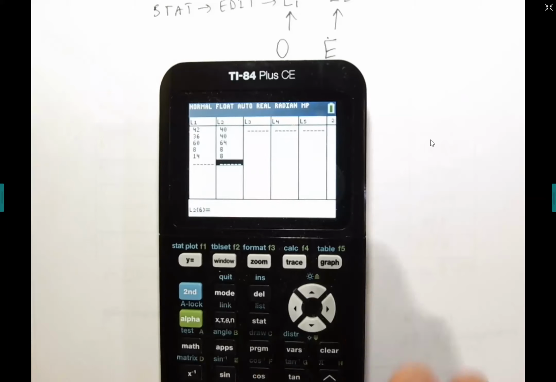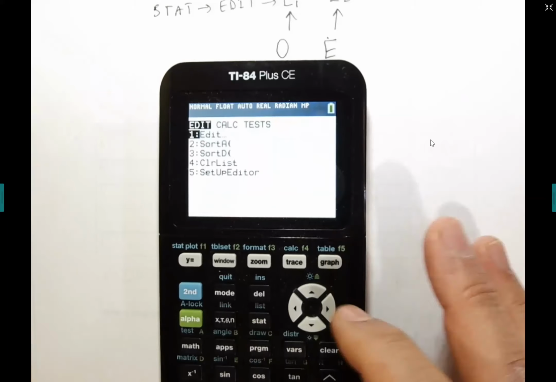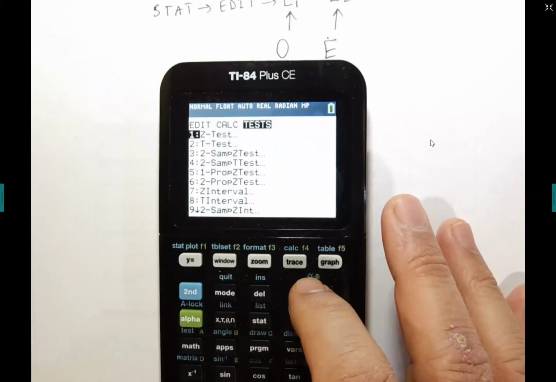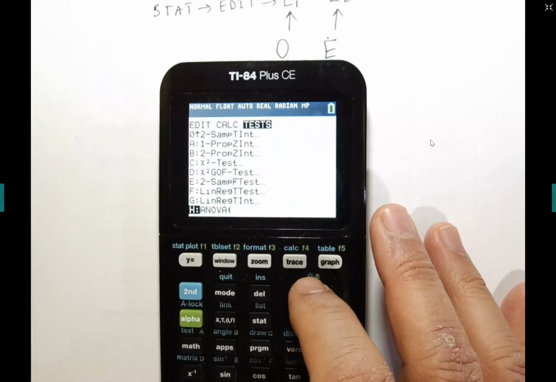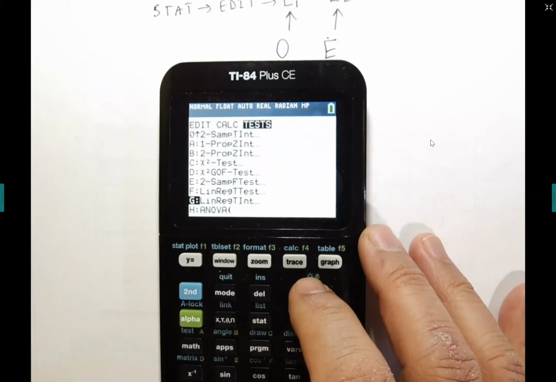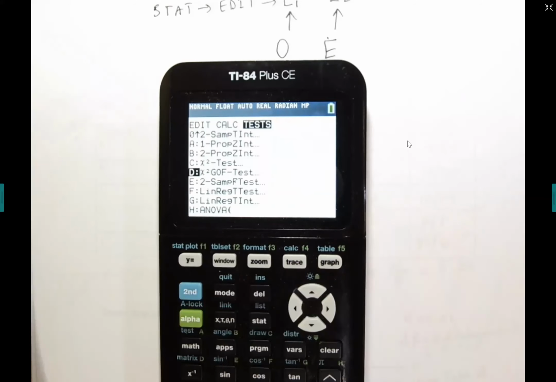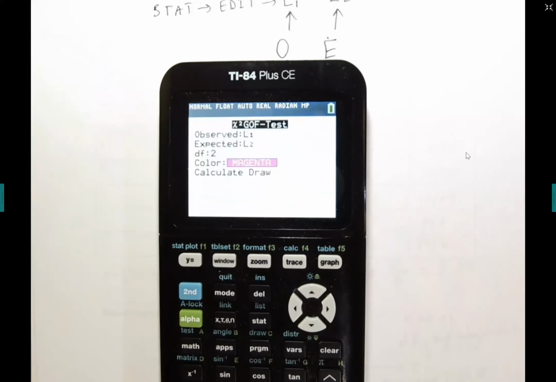And now, guys, you go to stat, tests. I would scroll up if I were you because your test is right at the bottom. Can you guys see the test where it says goodness of fit? Right here. This is the goodness of fit test. Yep, you are right. So enter. Look how easy it is to use this test.